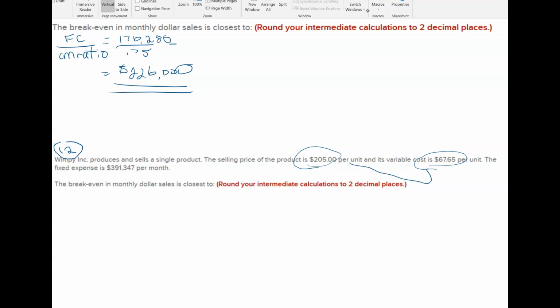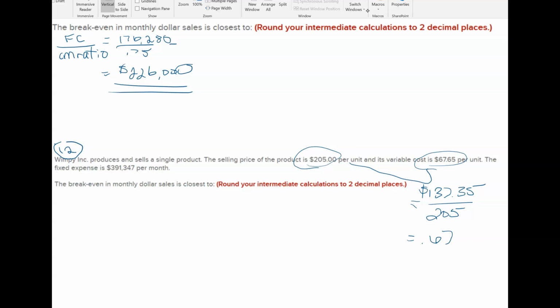So take those and subtract them, and you get 137.35. Divide that by 205, which is the selling price, and you get 0.67. That is your contribution margin ratio.